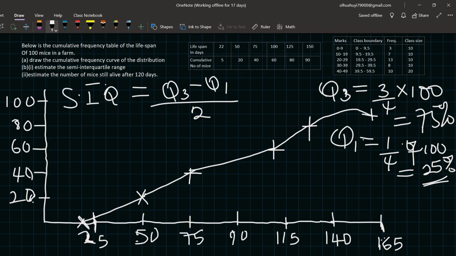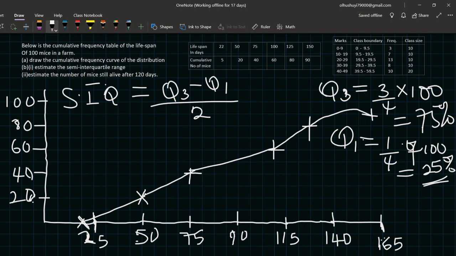Now at the graph, since we have Q3 to be 75%, trace 75% to any part of our ogive.